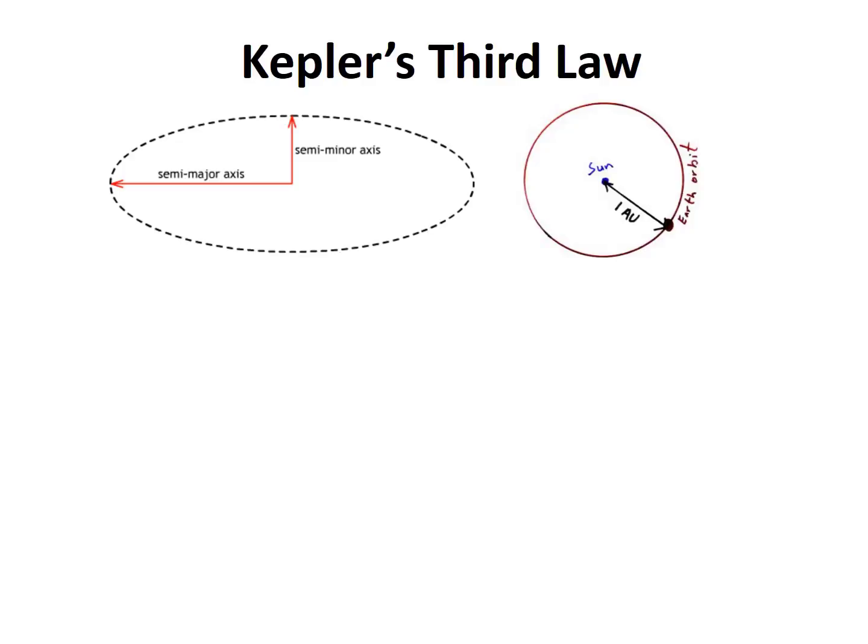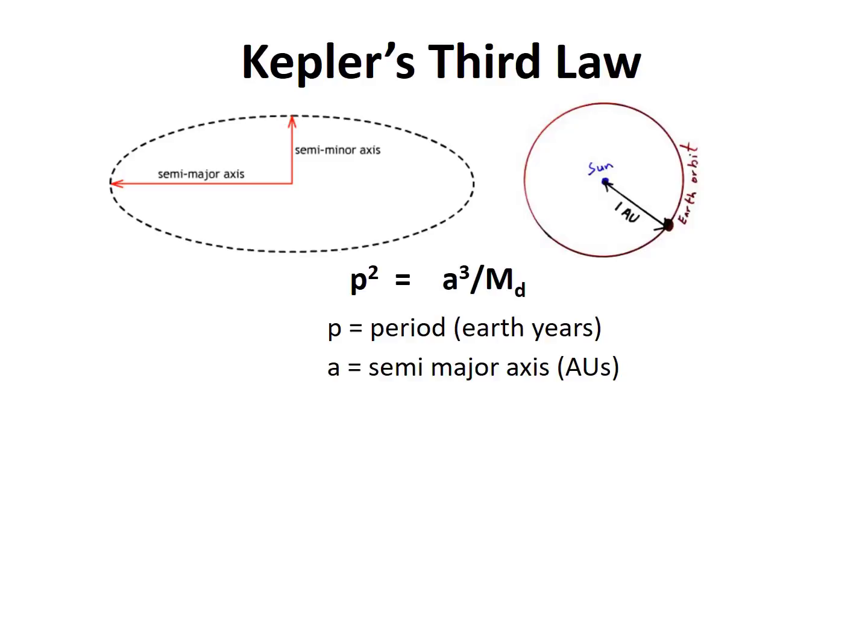At the time, we did not know the actual distance from the Earth to the sun, but Kepler knew the relative distances of the planets from the sun in Earth-Sun astronomical units, AUs. Kepler found that the square of the orbital periods of each planet in Earth years, p squared, was proportional to the cube of the semi-major axis of each planet in astronomical units, AUs, a cubed.